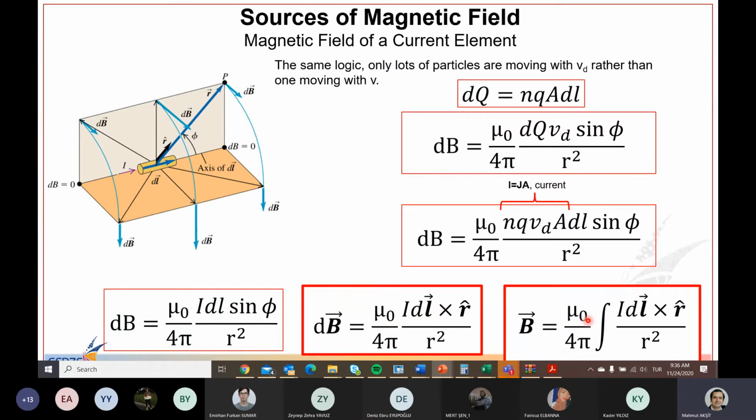Then the B field, in general form, if you want to consider longer lengths, is mu 0 over 4 pi integration of I dl cross product r over r square. For the dl's that we typically consider, we just enter the number of the length. The integration is that simple typically.